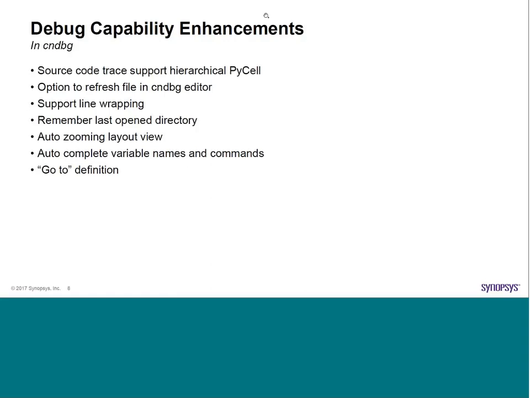Now the other thing is go to definition. Say you are using a function in your present file, you can select that function and it will directly take you to where that function was defined, in what file. That way it speeds up lookups and debugging.